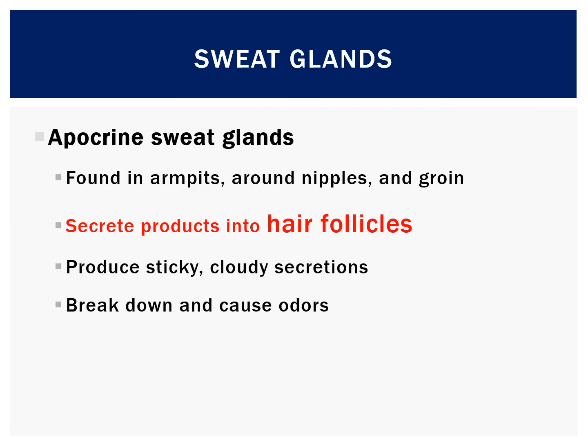Alright, after we're done with sebaceous gland, let's look into sweat glands. They are apocrine and merocrine. First, apocrine sweat glands are located in armpits, around nipples and groin area. They produce secretions into the hair follicles.